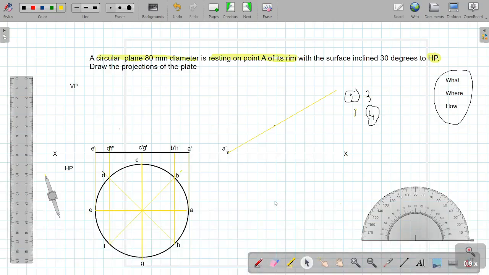Now using the compass, same procedure I will follow. I will take the measurement from point A to point E. So measuring the distance from point A to point E, and then keeping it at point A, mark an arc on this particular line and name this point as E dash.